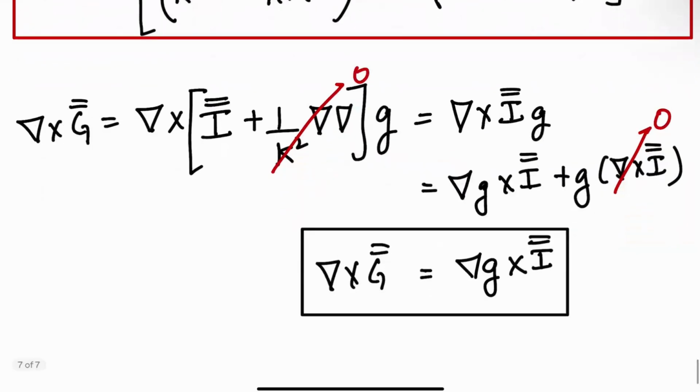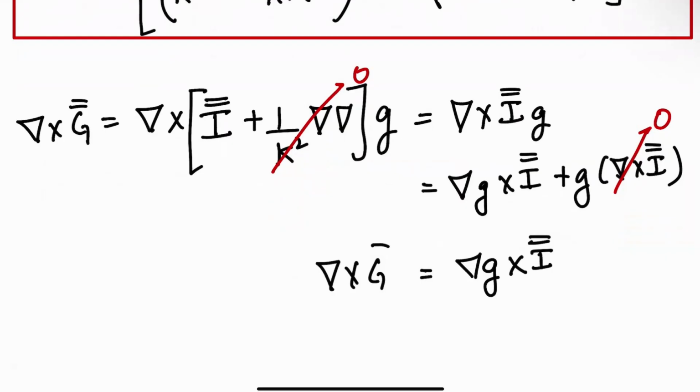Yeah, but we know what the gradient of the scalar Green's function is. So maybe I should put my box a little bit later.